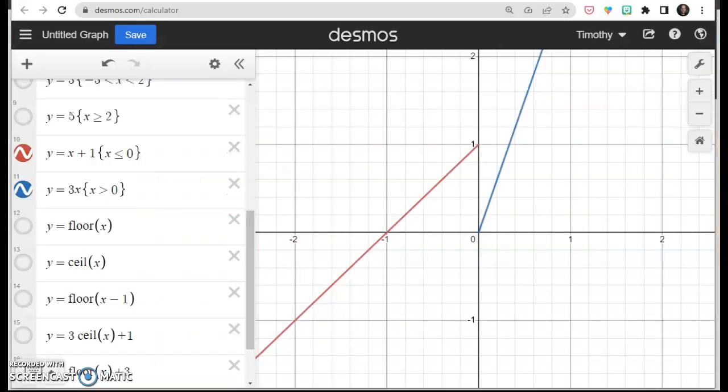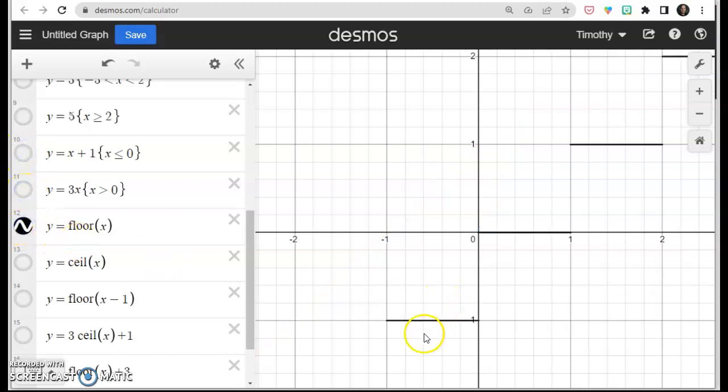Some call these rounding up or rounding down functions. So here's the floor. Basically, floor of x rounds it down to the nearest whole integer.